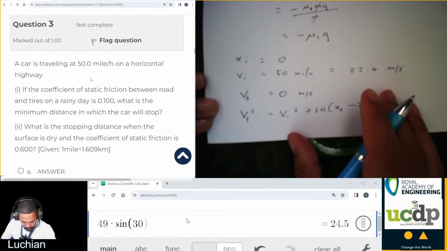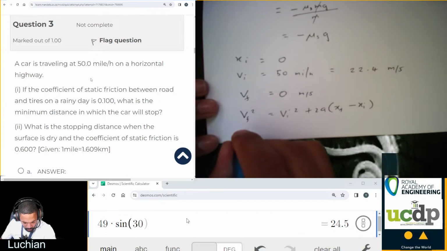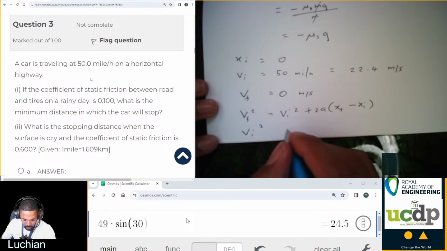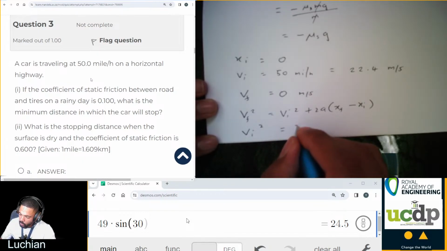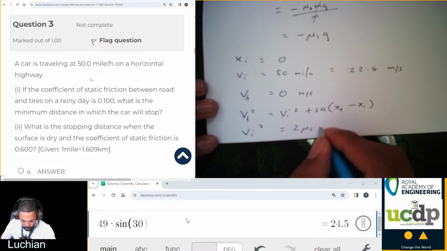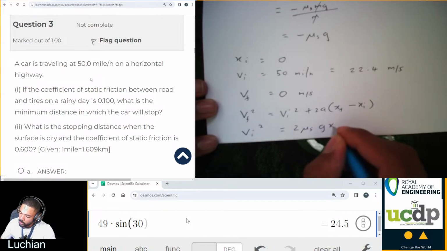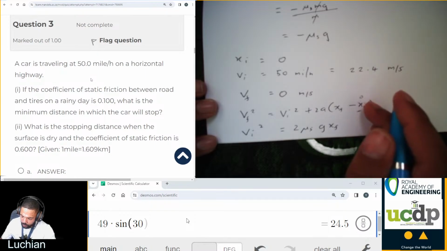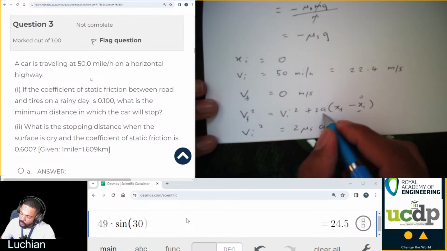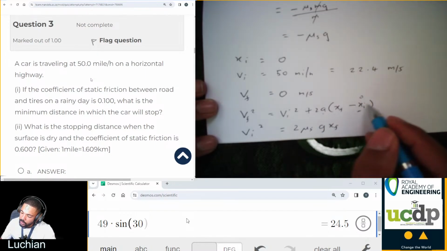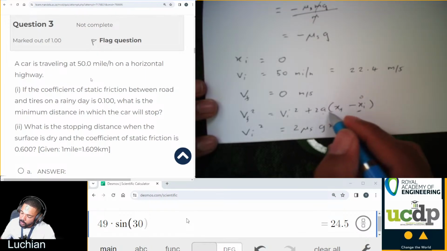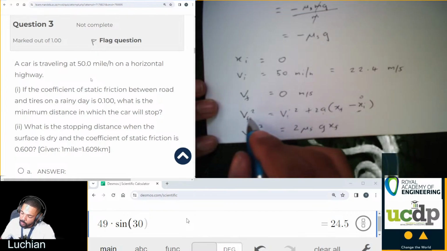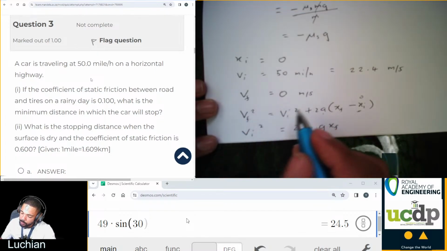Here v naught is 50, vf is 0, and that acceleration is negative, equal to negative mu s g.